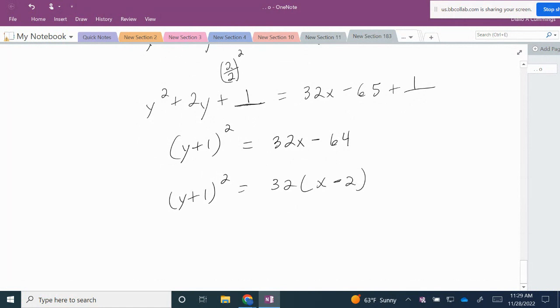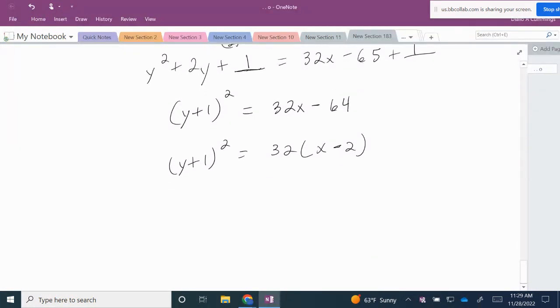Because if I go back and check by multiplying, 32 times x is 32x, and 32 times negative 2 is negative 64. And this would be standard form.